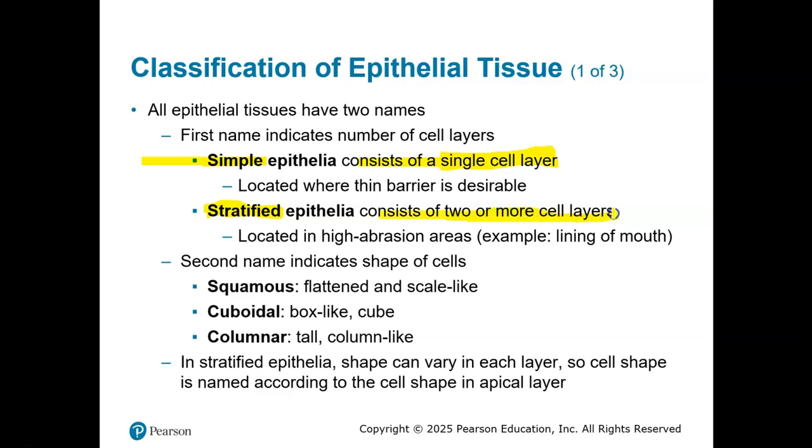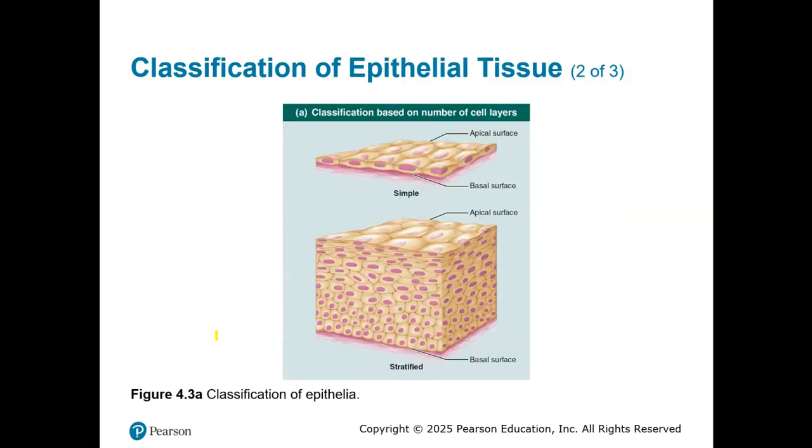So stratified epithelial tissue is more for protection. And then whether it's simple or stratified, you also name the cells based on their shape. So the cells are either flat, and we call those squamous cells, or they're box-like, and those are cuboidal cells, or they're tall, and those are columnar. So you either have squamous, cuboidal, or columnar. So then you put the two names together.